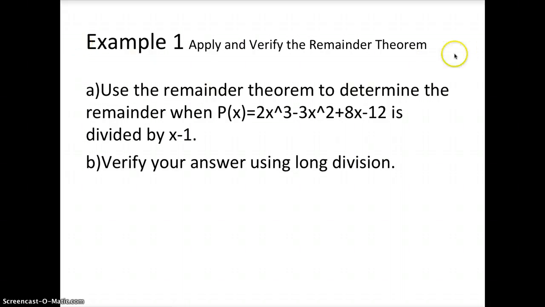Example 1. Apply and verify the remainder theorem. Use the remainder theorem to determine the remainder when p(x) equals 2x cubed minus 3x squared plus 8x minus 12 is divided by x minus 1. Verify your answer using long division.